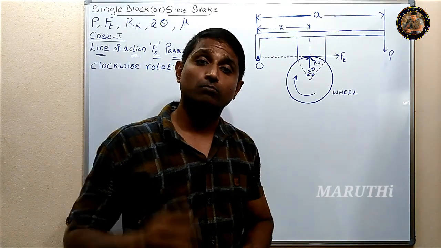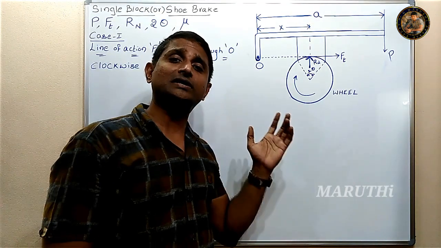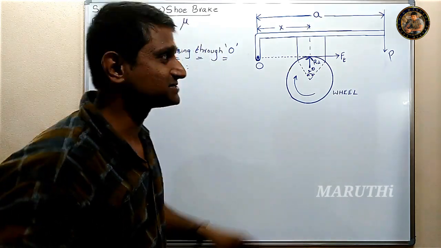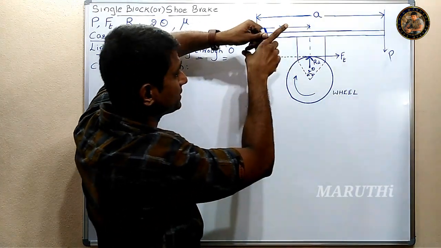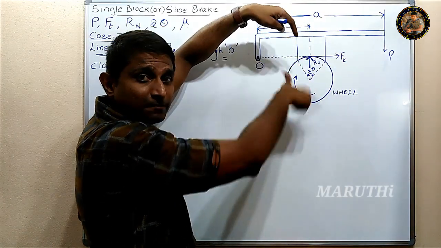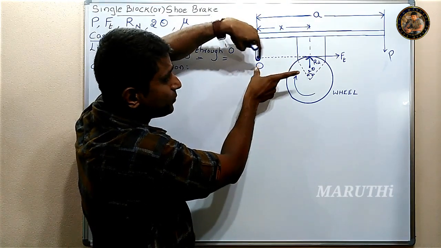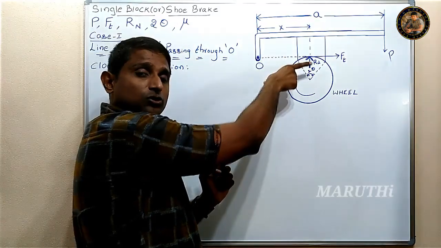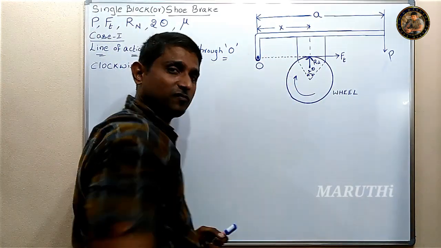So then we take moments about O. Taking the equilibrium condition, the moments of all these 3 forces about fulcrum O: this is the point O, and this is the force acting downwards. This is fixed and it is moving downward, so it is a clockwise movement. The moment because of P about O is clockwise, and whereas this is a fixed point, this Rn is acting in upward direction, so it is counterclockwise. The moment because of Ft is 0, because it is passing through the fulcrum.